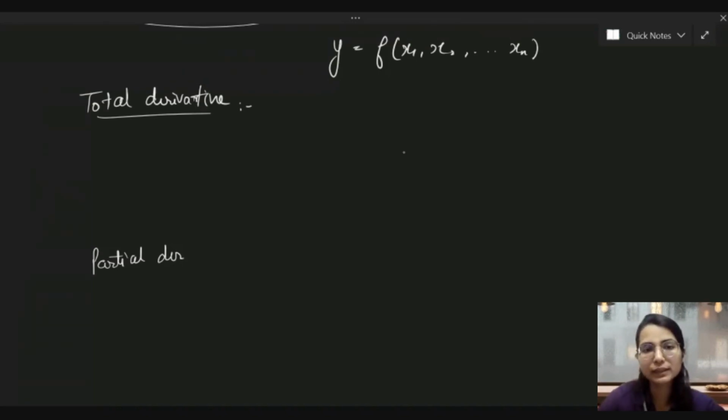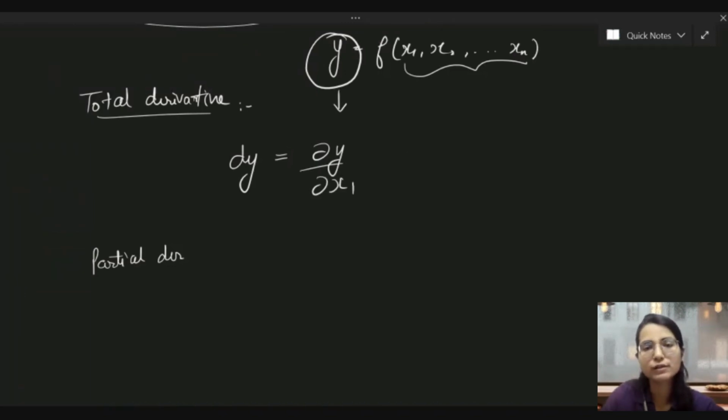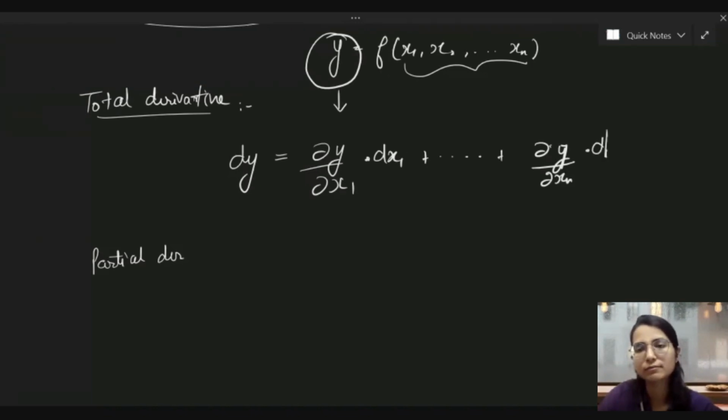If you take the total derivative, that means you're taking the derivative of this y, this function, with respect to all the independent variables. For example, when you take the total derivative, you write it like dy equals del y over del x1 into dx1, and this process continues up to del y over del xn into dxn.